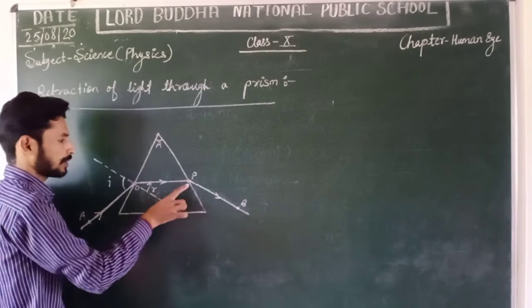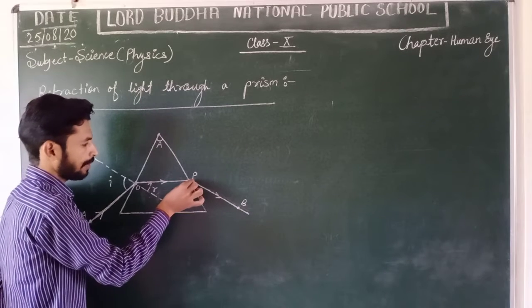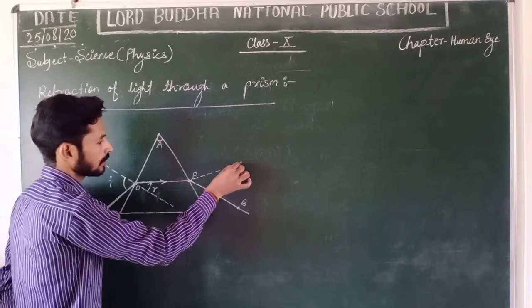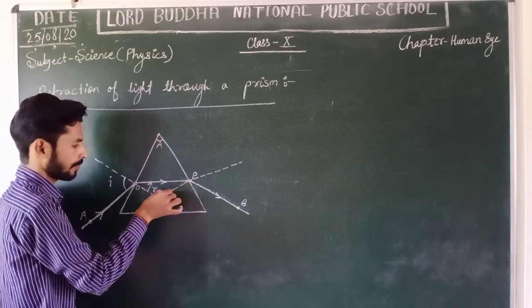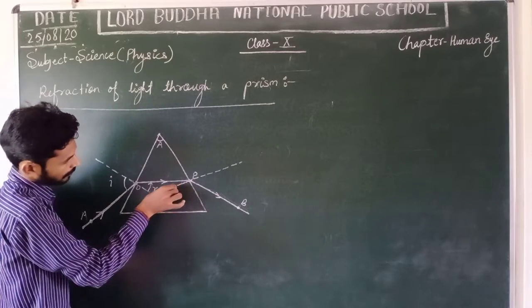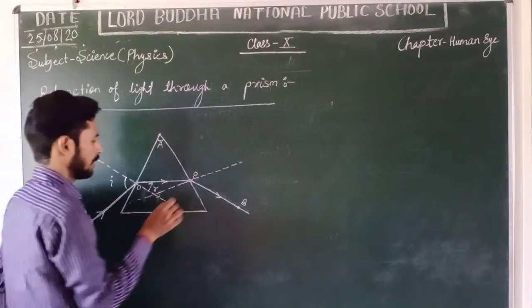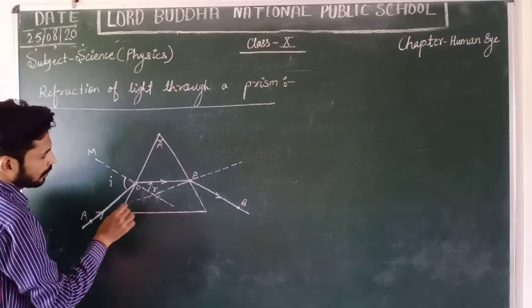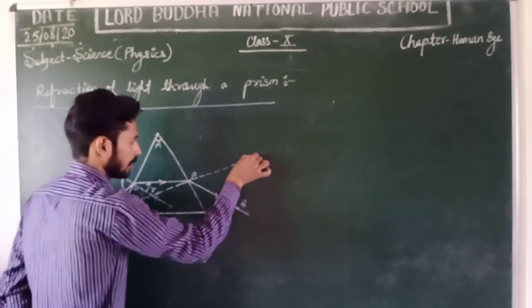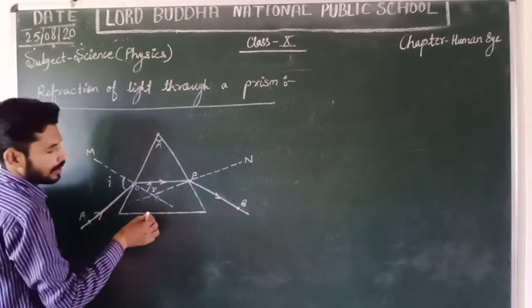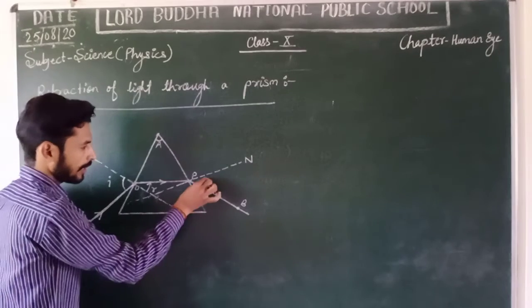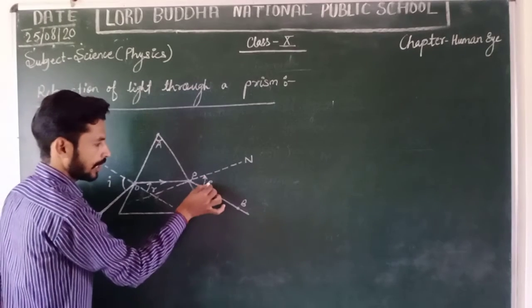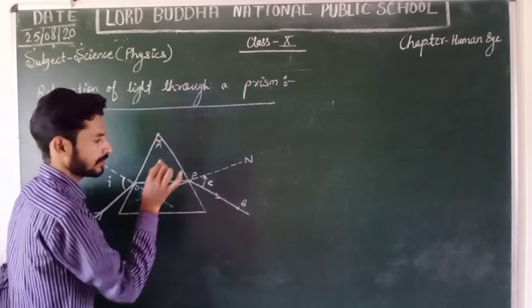In the same way, at point P, draw a perpendicular line on the surface, and this line is also known as a normal. Suppose the normals are M and N. The angle between the emergent ray and the normal is called the angle of emergence.